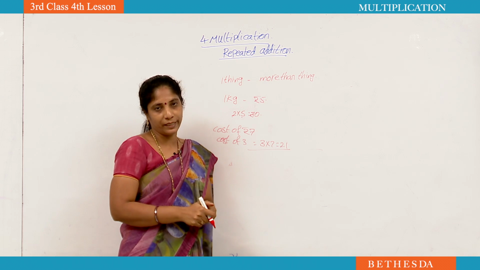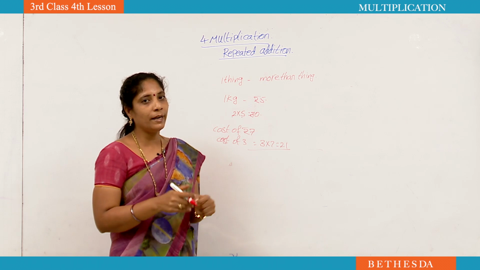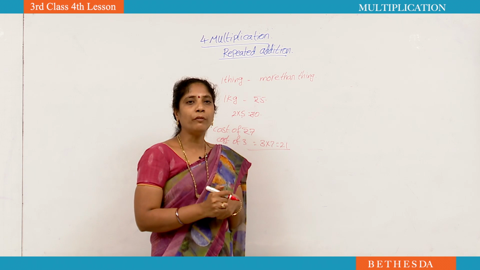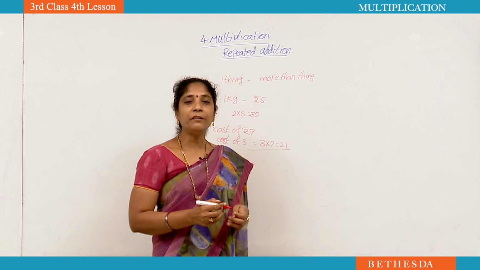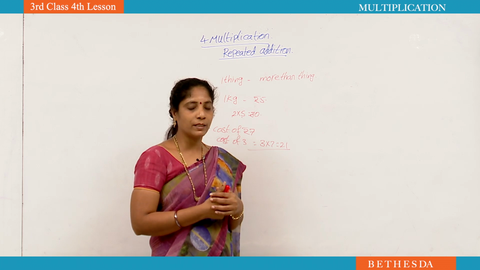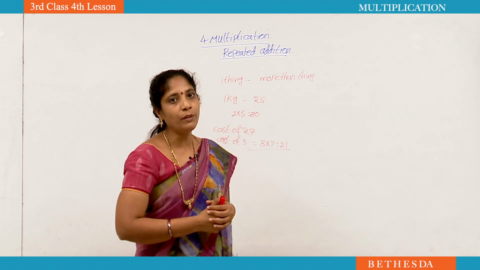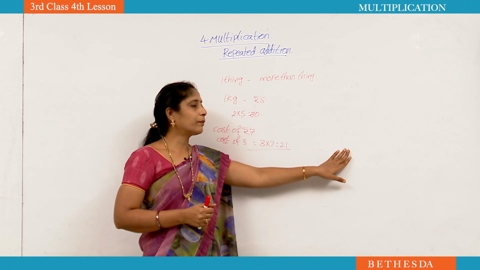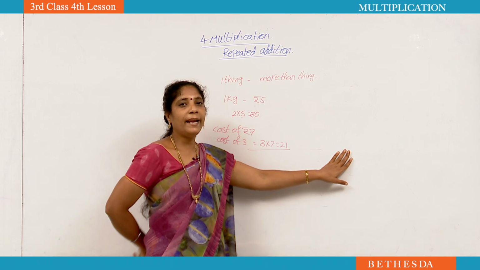In the addition chapter, we learned that total is the clue word for addition. In multiplication number stories also, we will get total. For example, he will ask, the cost of 1 pen is 8 rupees. Find the cost of 8 total pens.